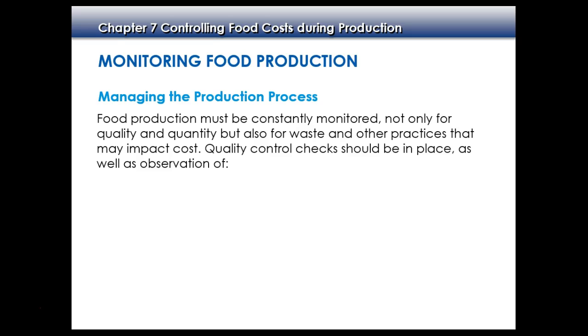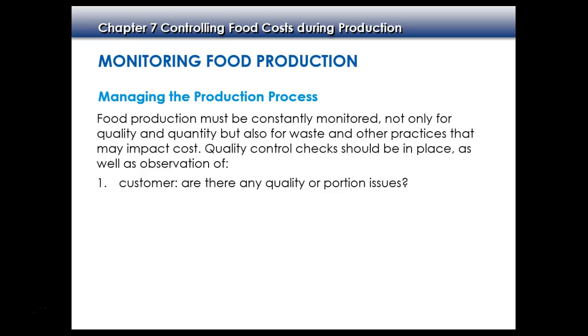You also need to manage the production process. Food production must be constantly monitored, not only for quality and quantity, but also for waste and other practices that may impact your cost. Quality controls should be in place, as well as observations of two other things. Your customer: are there any quality or portion issues?